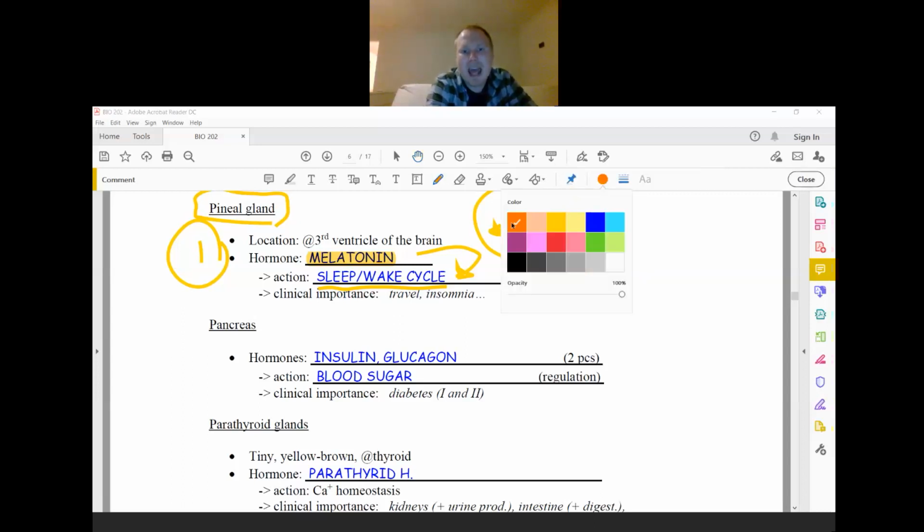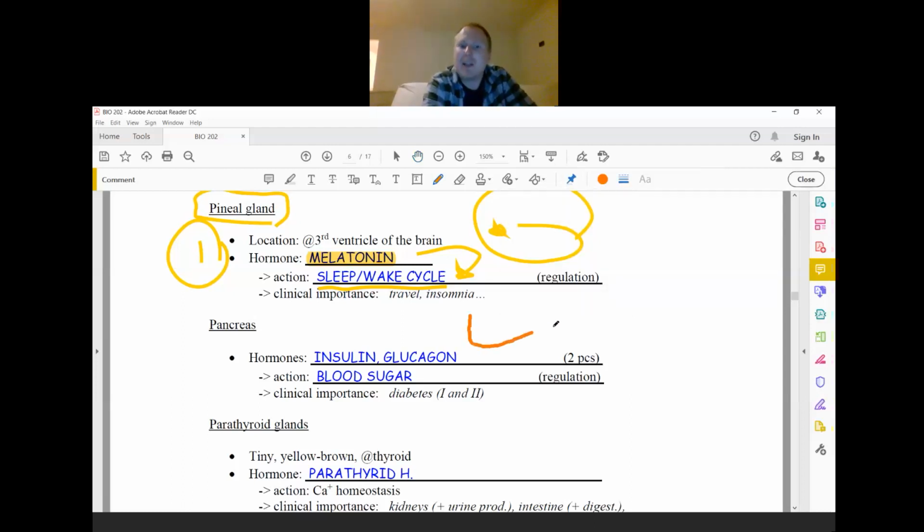In this case, the pancreas was the gland that was both an endocrine and exocrine gland. It's located underneath the stomach. We'll talk more about the digestive system later in this course. It's wrapped up to the right, within the first part of the small intestine, which is known as the duodenum.